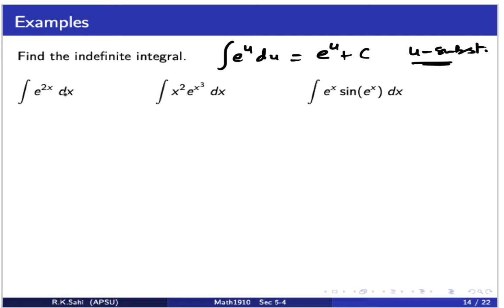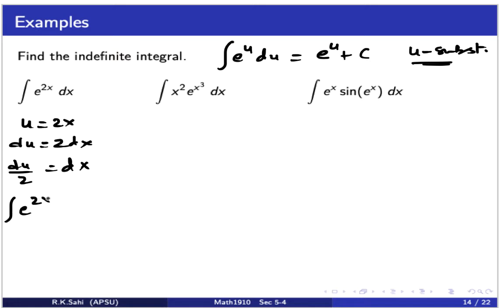Because you're not having the normal e to the power x dx, you're going to say, hey, let u be 2x. So du now becomes 2 dx, or du over 2 is dx. Now go ahead and make the change to the original problem. So the e to the power 2x dx is now e to the power u times du over 2.